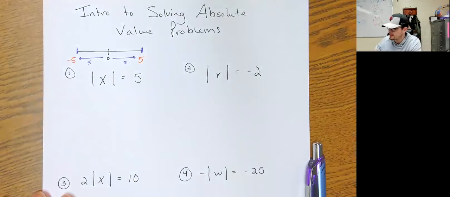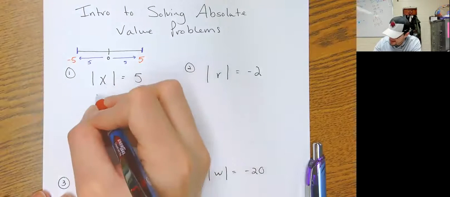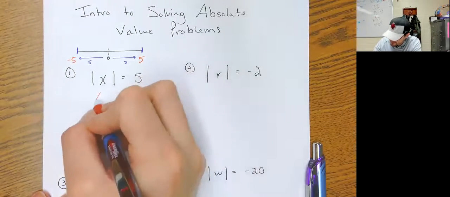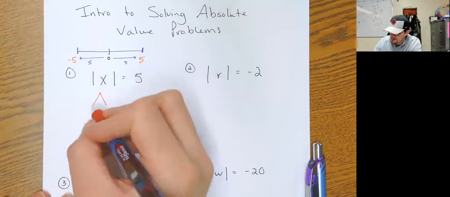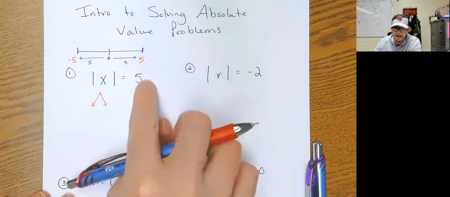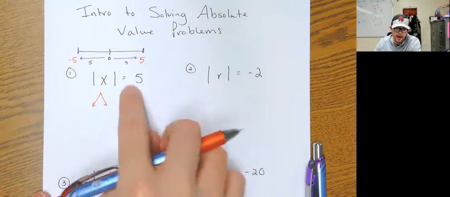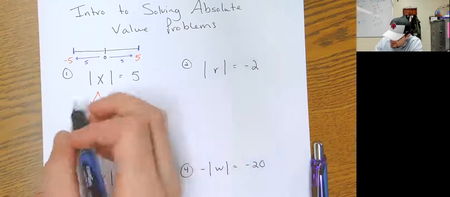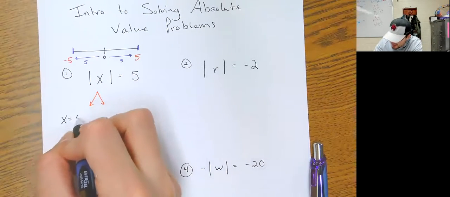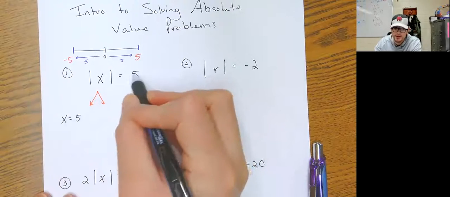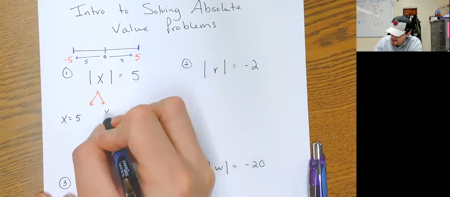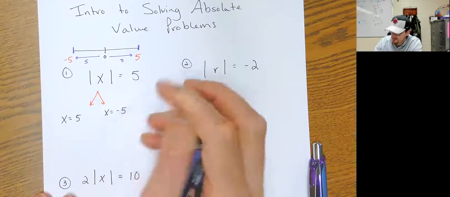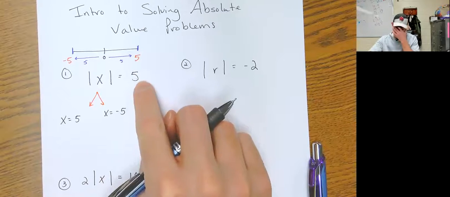So in this case, what I like my students to do is separate this out into the positive and the negative version of the outcome. So you get x equals 5, the positive version, but then x also equals the negative version.